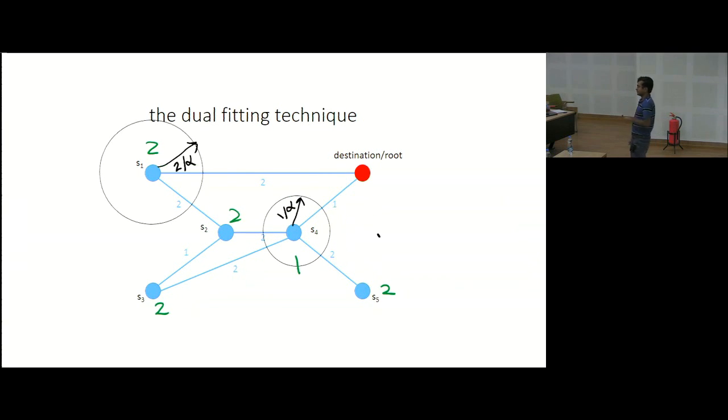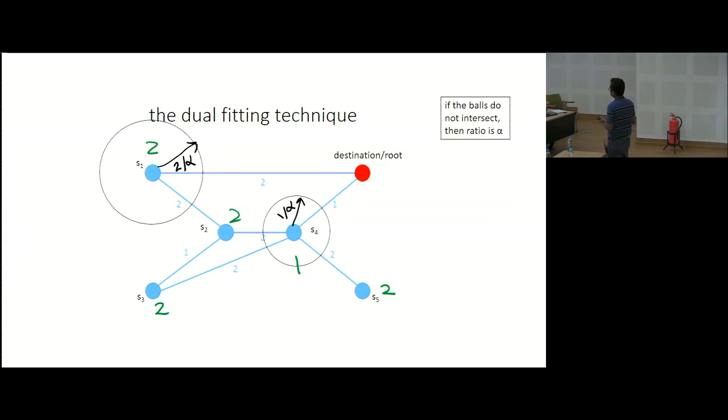I draw these circles around all the vertices. Now, if I can show that these circles or these balls do not intersect, okay, there are no two balls that intersect, then I claim that the price, the ratio of the equilibrium solution to the optimal solution, is no more than alpha.